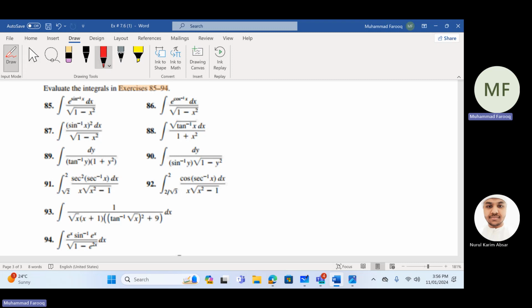So in question 92, let secant inverse x equal u.